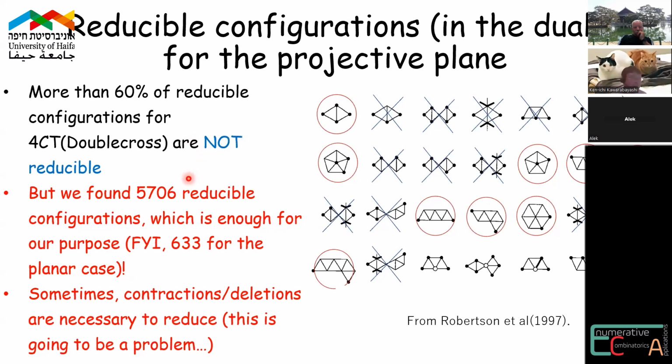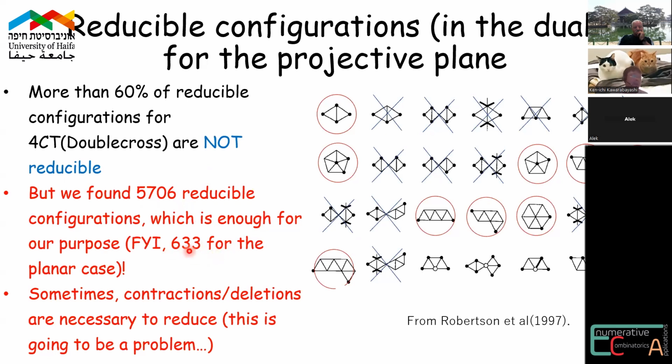But my student worked very hard for a few months, and we made it. Instead of 633 for the planar case, we had 5,076. That is a lot, but that's still okay. And so that is somehow the complication for the planar case.